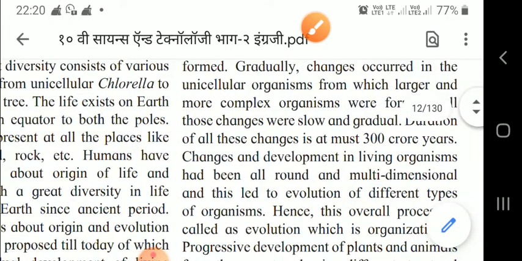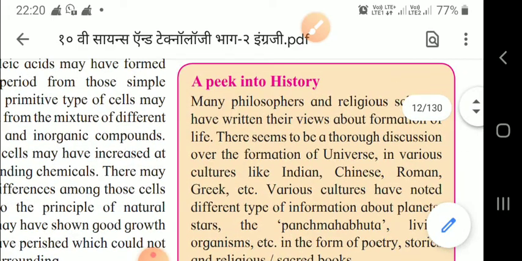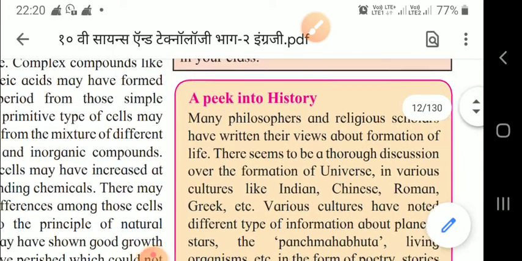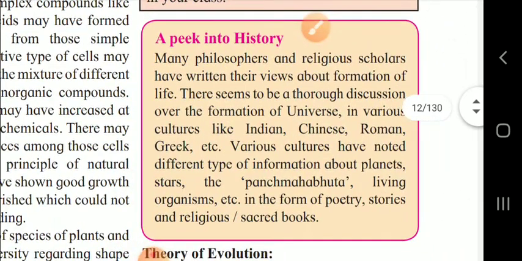Here we'll see a peek into history. Many philosophers and religious scholars have written their views about the formation of life, and it seems to be through discussion over the formation of the universe.